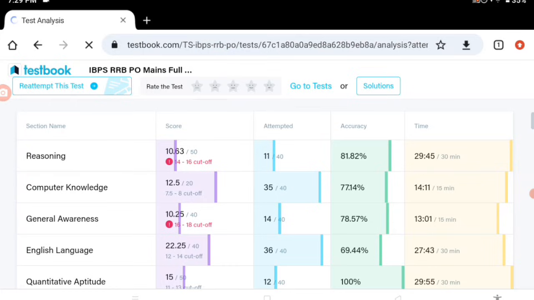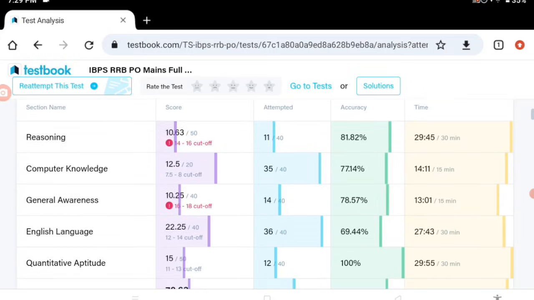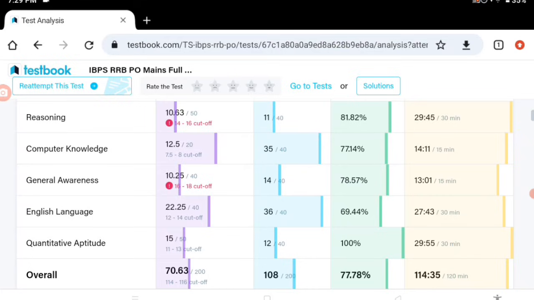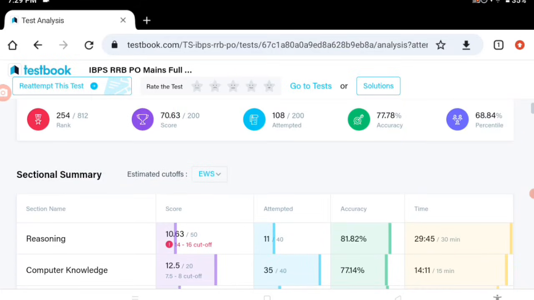My attempts in quant and reasoning were low. English I got 22.25. And coming to the general awareness section, 14 attempted, 10.25 got, and coming to the computer 12.5, and reasoning attempts are low, so that's why I got less marks.